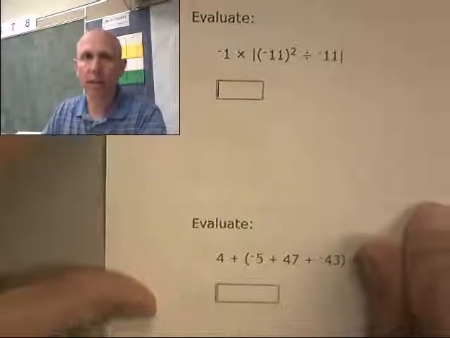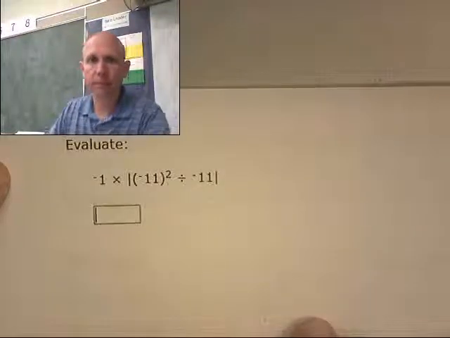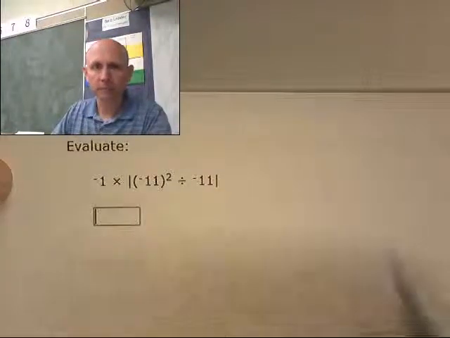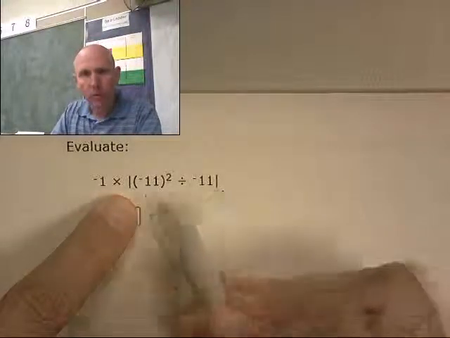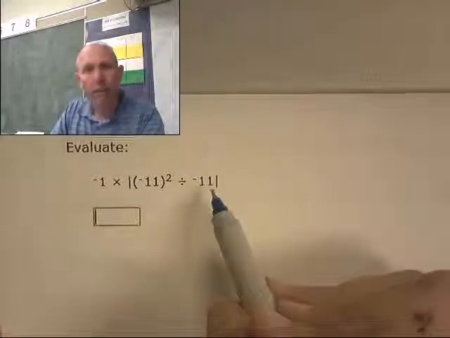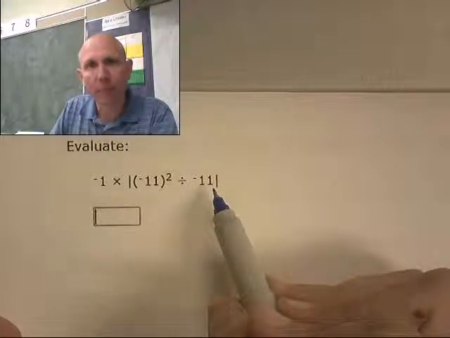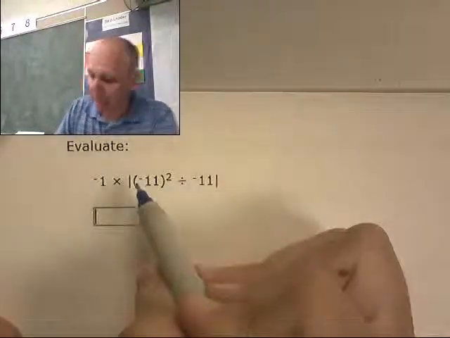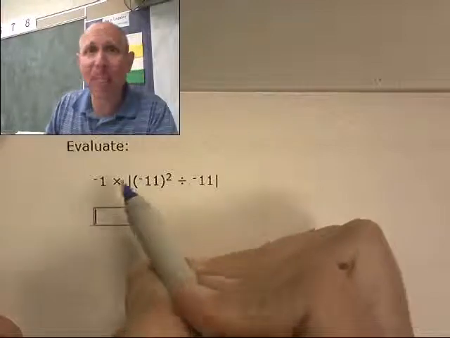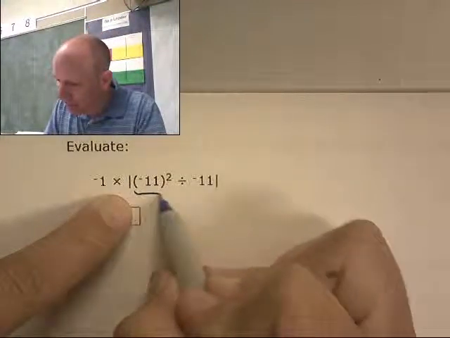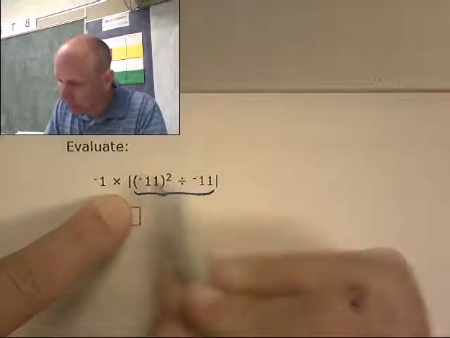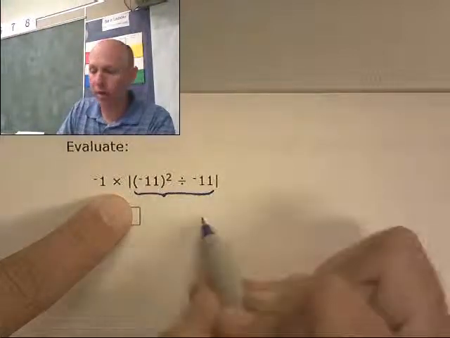Evaluate this guy. Let's bring it down here. Okay. You see this absolute value bars right there? They're a grouping symbol, so they act like parentheses. Parentheses that make everything positive. So let's start inside this. Negative 11 squared.